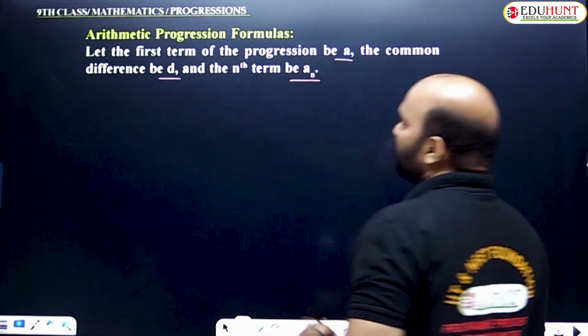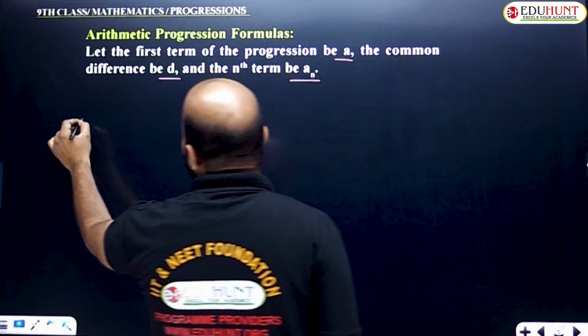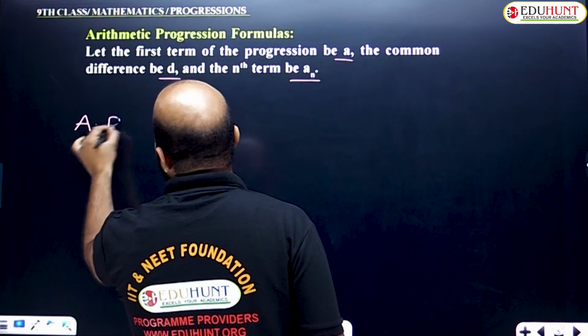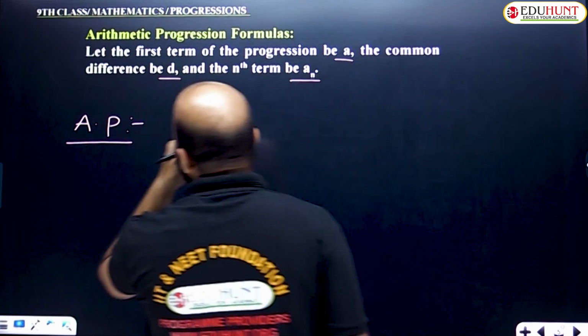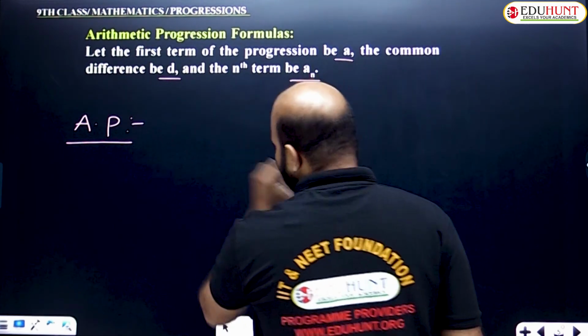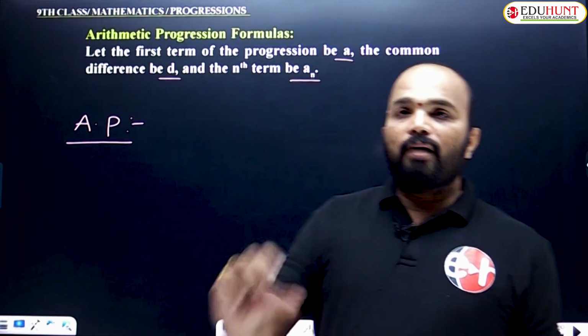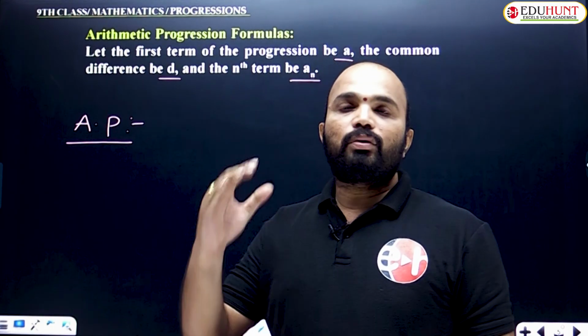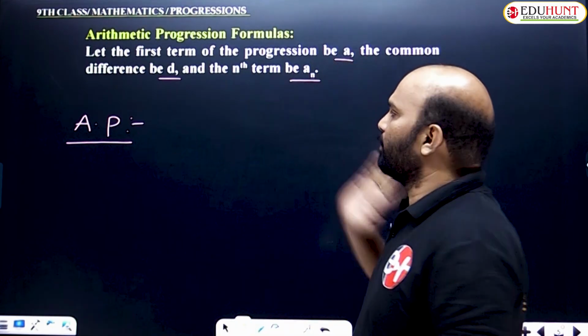So before that, what is the definition of arithmetic progression? Arithmetic progression means in that sequence of series, the common difference is equal. Those terms belong to arithmetic progression. Am I clear?